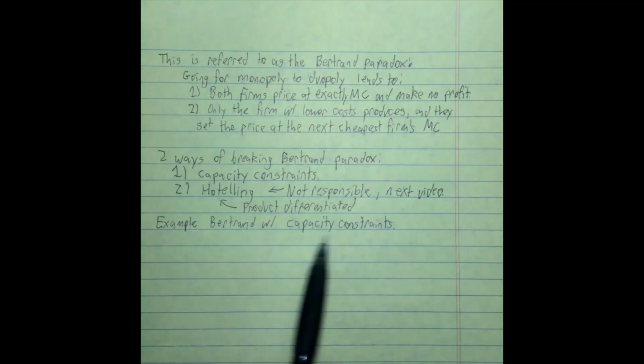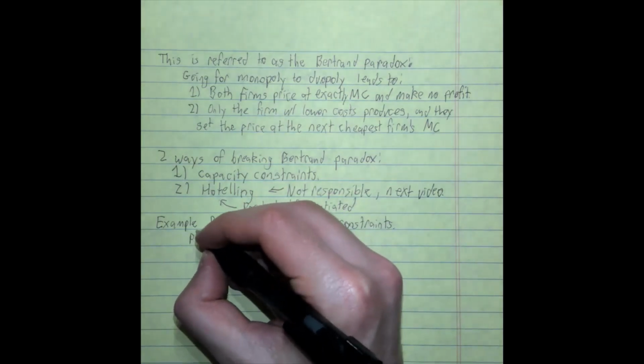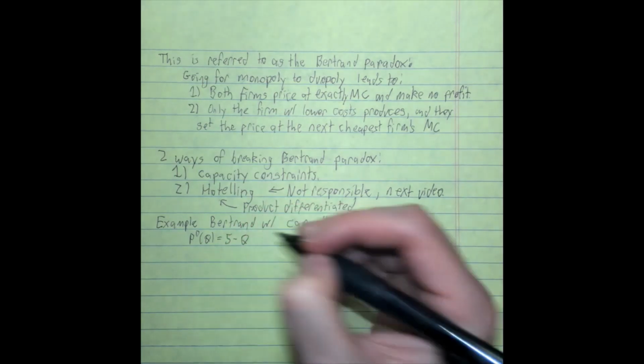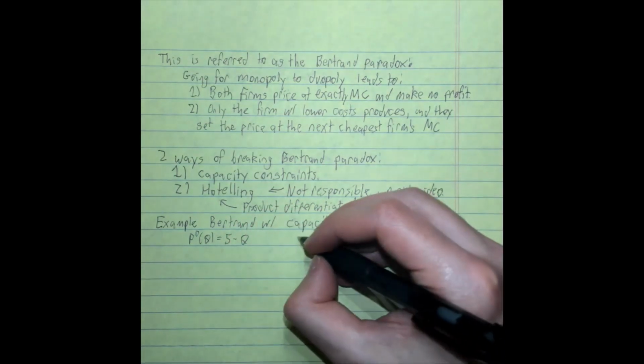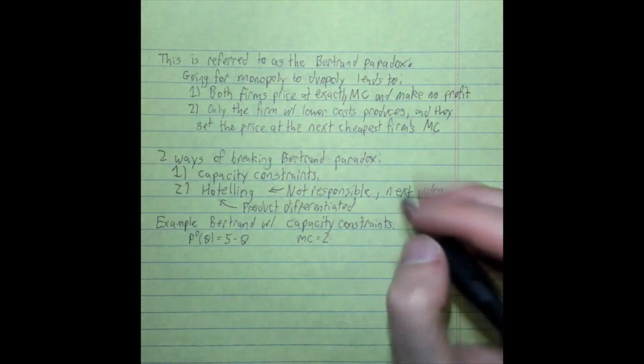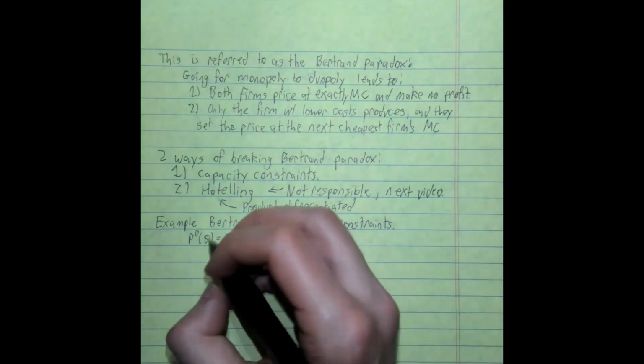Okay, so in this example, the Bertrand with capacity constraints example, we have a demand curve, P(Q) equals 5 minus Q. So this is the one we've been working with quite a bit. We have marginal cost equal to 2. But let's say now that each firm can only produce 1 unit of output.